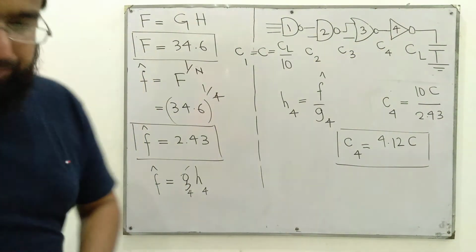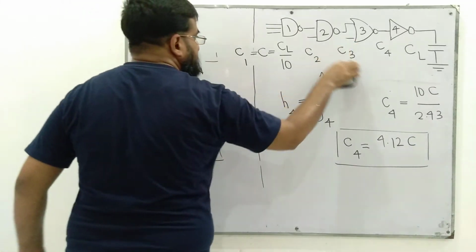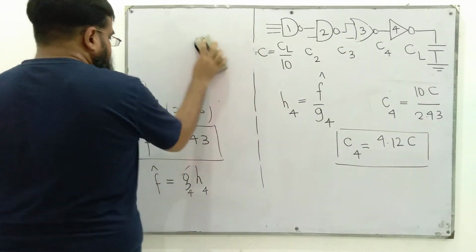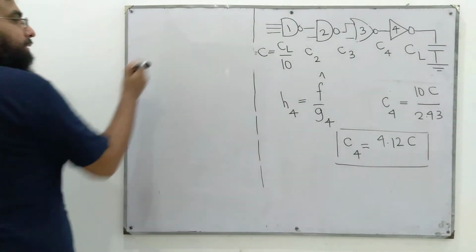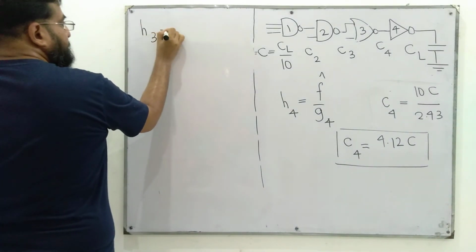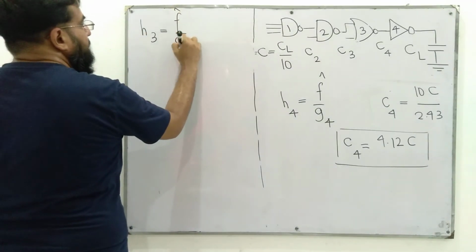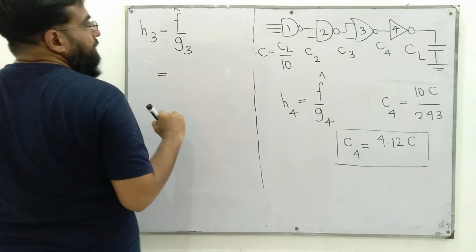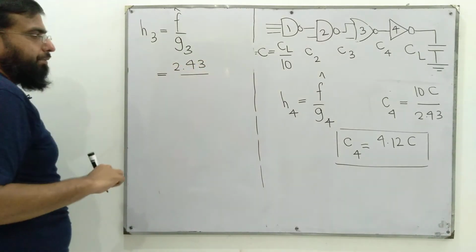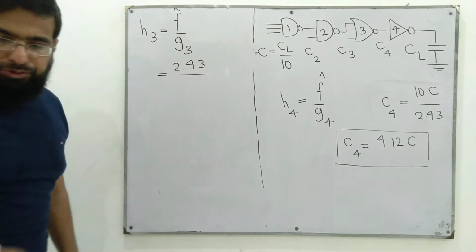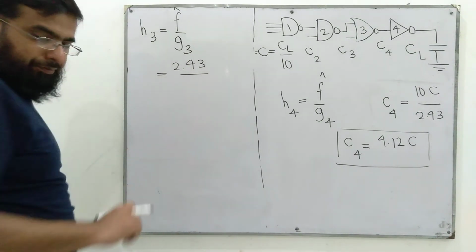Then we have to compute the capacitance C3. For that, we will get help from H, which is the electrical effort of the gate, F over G3. So F is 2.43 over G3. G3 was computed by us as 6 over 3.5.